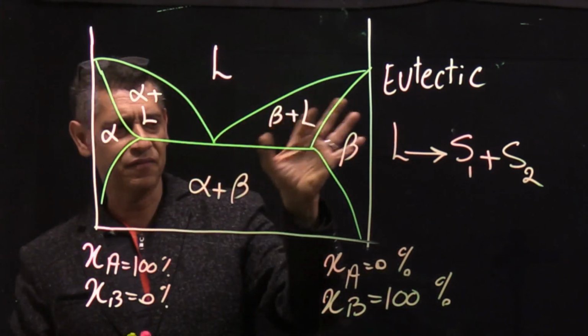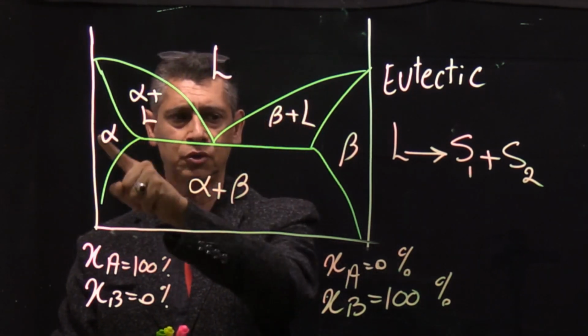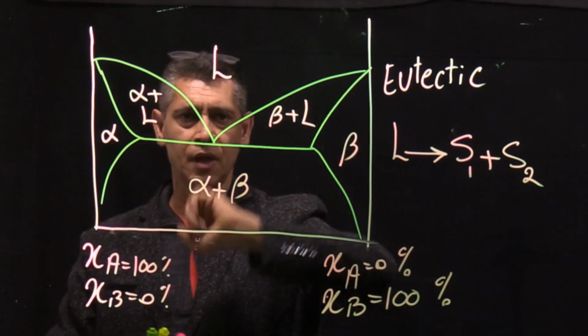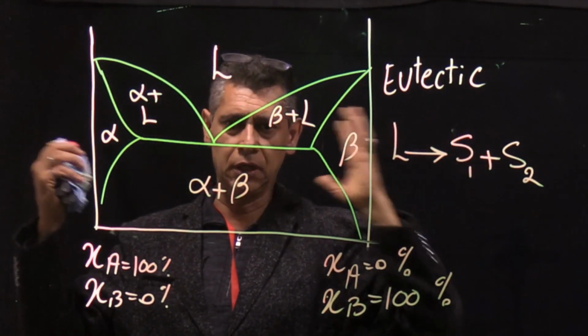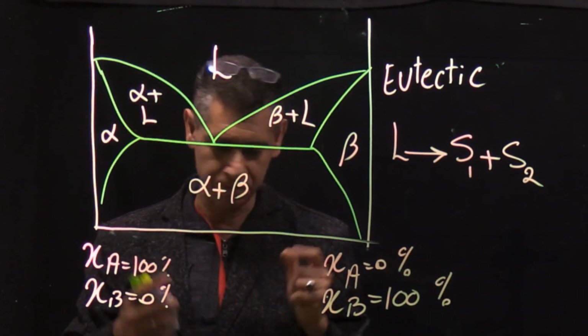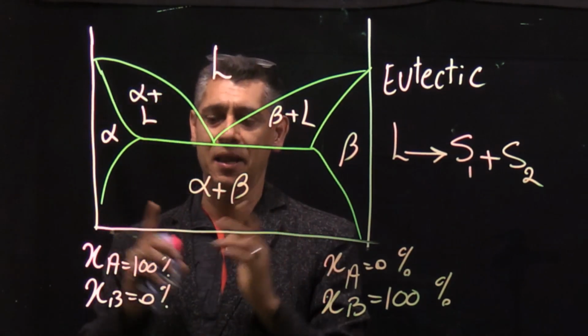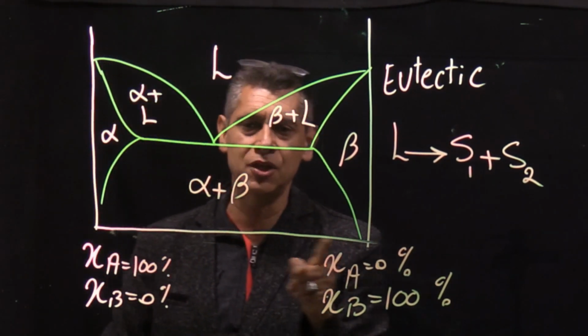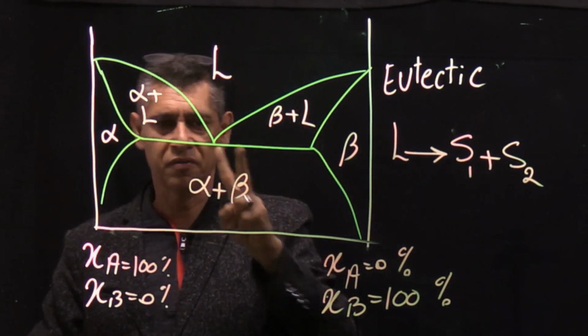So we have a few regions here. We have 1, 2, 3, 4, 5, 6 regions. This area is liquid. Liquid contains A and B. A and B are elements. This again is the percentage of one of these two elements.